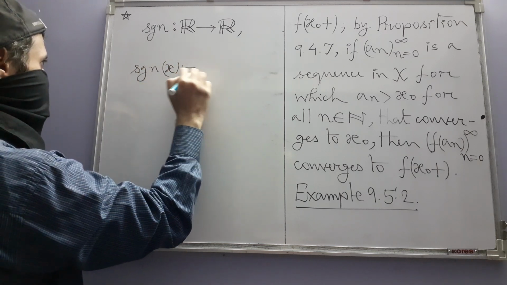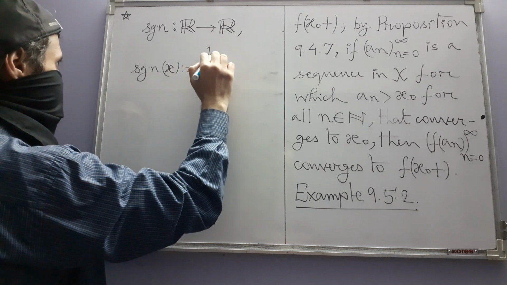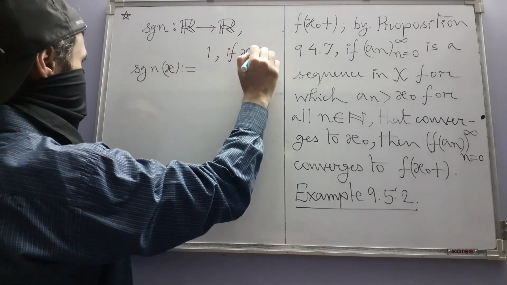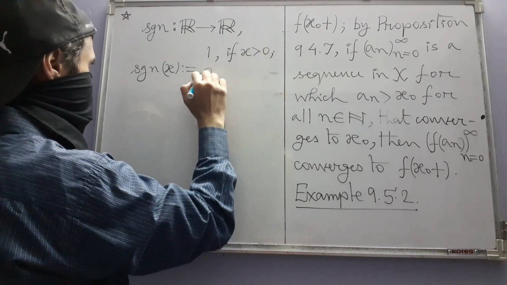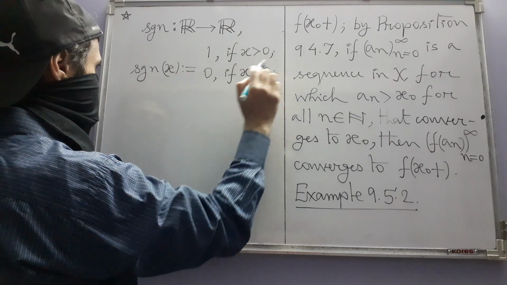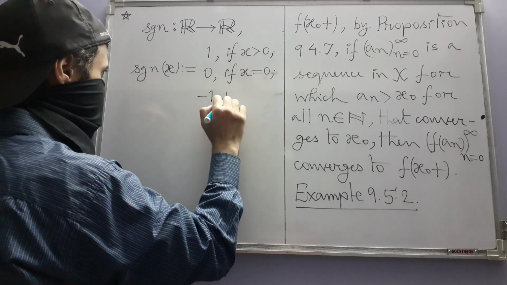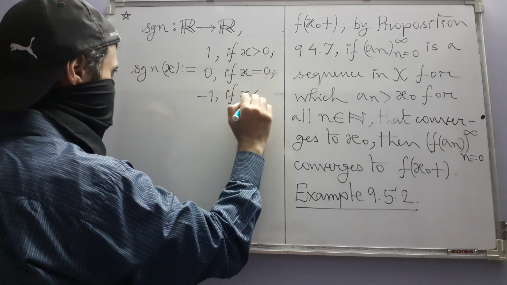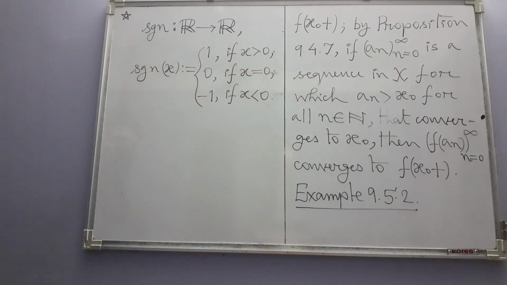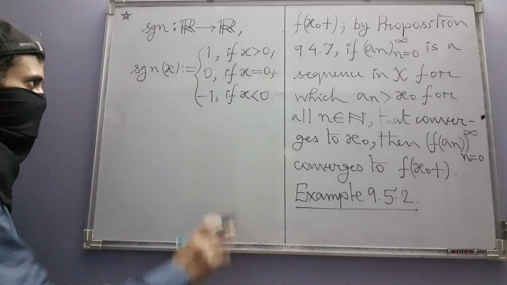The definition of it is just this: it's constantly 1 if the input is positive, is 0 if the input is 0 and it's constantly minus 1 if the input is negative. Okay, so this is the function.